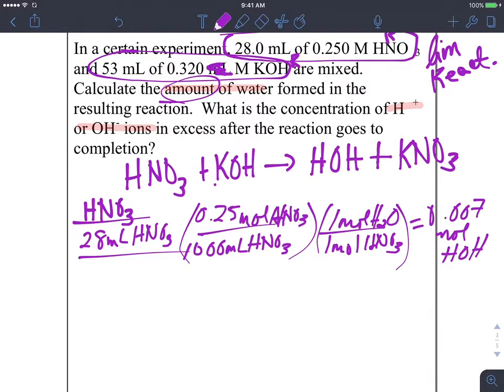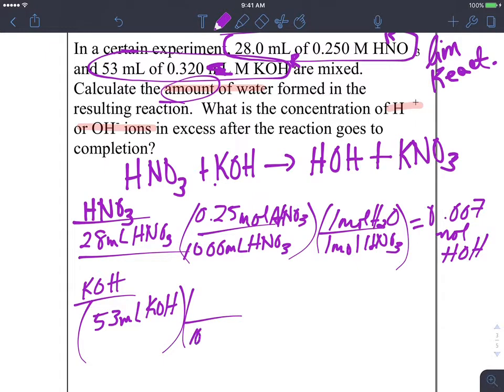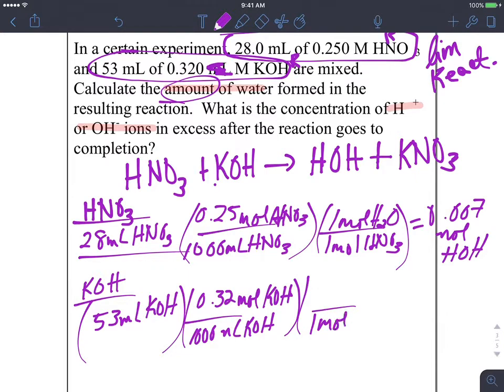All right, then we can also start with KOH. When we start with KOH, we start with 53 milliliters of it, and in 1,000 milliliters of KOH we get 0.32 moles of KOH. For every mole of KOH, using our coefficients, we get 1 mole of HOH.